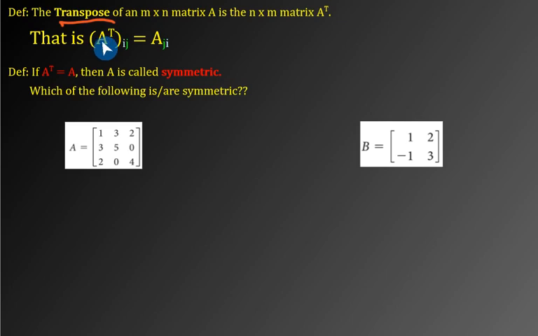So when I do a T like that, and if I use that ij notation, where i is the rows and j is the columns, if you do A^T ij, then that would be A ji. They basically just switch. Rows become columns, columns become rows.